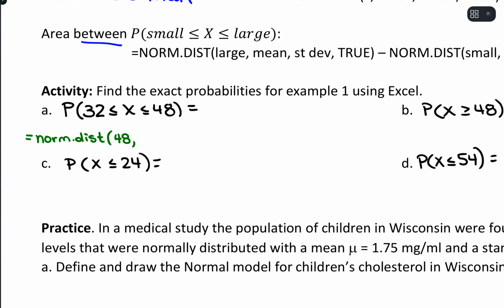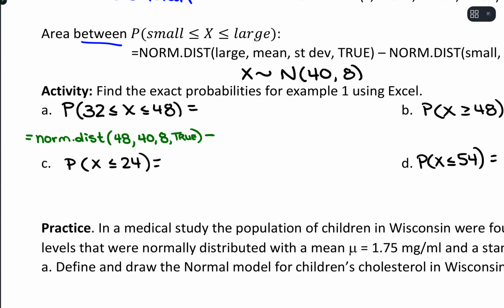The mean, oh yeah, let's redefine our distribution here. So this distribution for a random variable is normal with a mean of 40 and standard deviation of 8. So back to my notation, norm.dist 48 comma, and then I'm going to list the mean and standard deviation, and then I'll type in true.